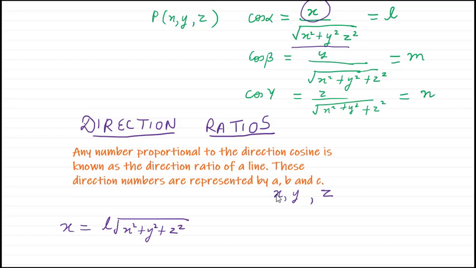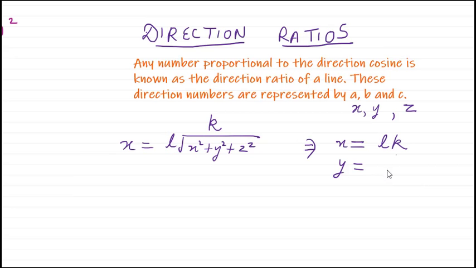So you can say that if we assume x square plus y square plus z square as k, then you can write x as Lk, y as Mk and z as Nk. So all these x, y and z are proportional to L, M, N, and these x, y, z are the direction ratios.